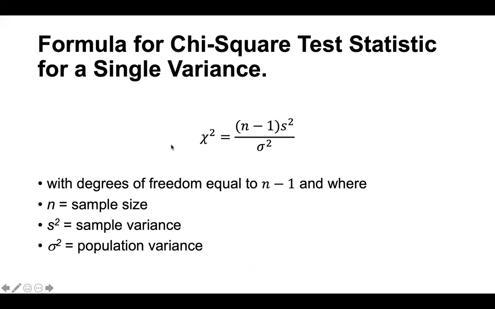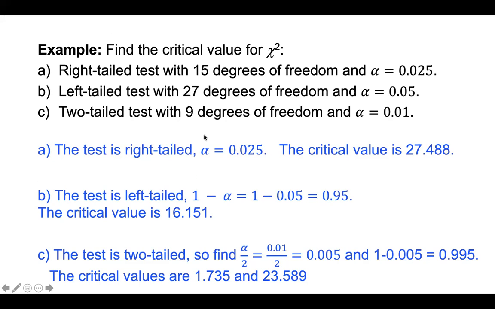When there's a two-tailed test with 9 degrees of freedom and alpha equal to 0.01, there's going to be a lower part and an upper part, so 2 critical values. They're not going to be symmetric either, because remember, the chi-square distribution starts at 0 and is not symmetric. So it's a little more complex to solve, but we can do this.